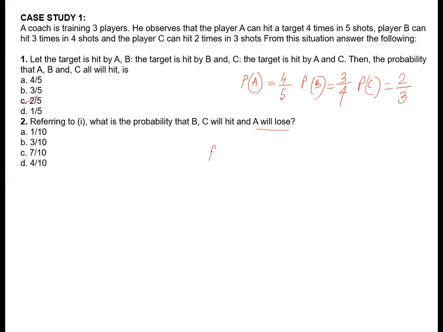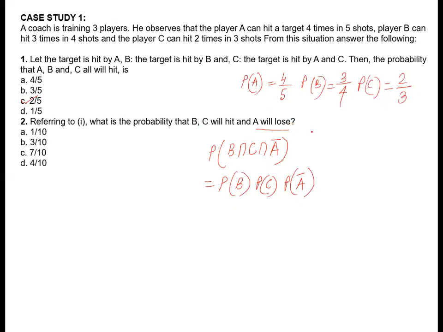That means probability of B will hit, C will also hit, but A will lose. That means A will not hit the target. So this is the syntax of our concept. B as well as C will hit, A will not hit. So they are independent. So I'll write PB into PC into P not A.